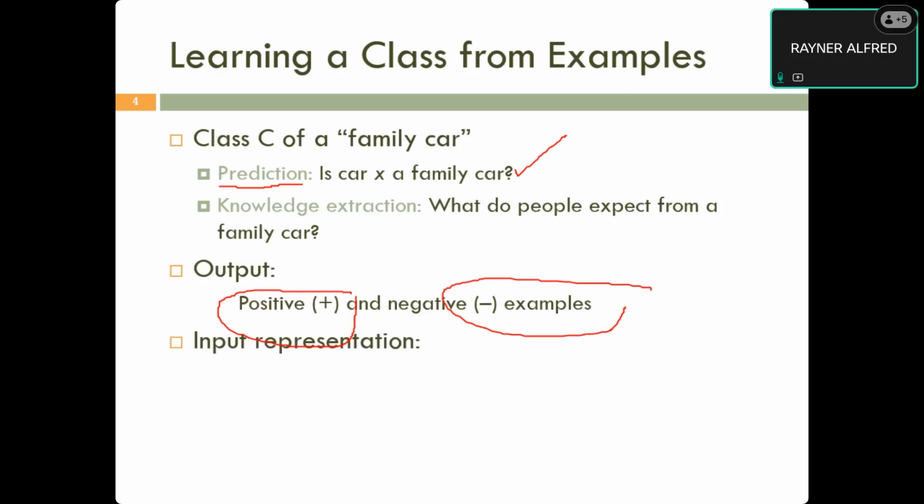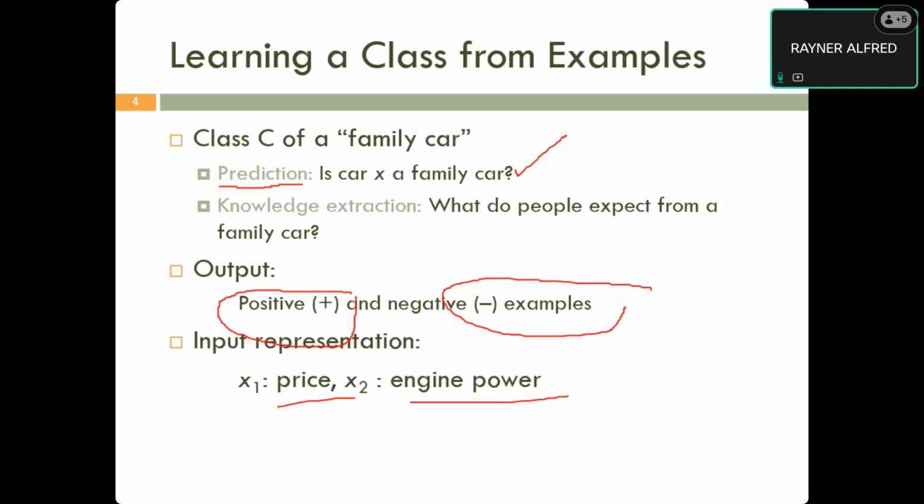So these are the things that we need to consider. What features or characteristics can we take as independent variables to classify a car as a family car. Okay. So in this case, we may look into the price or the engine power.